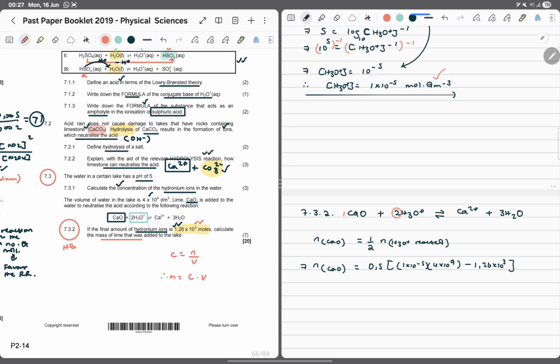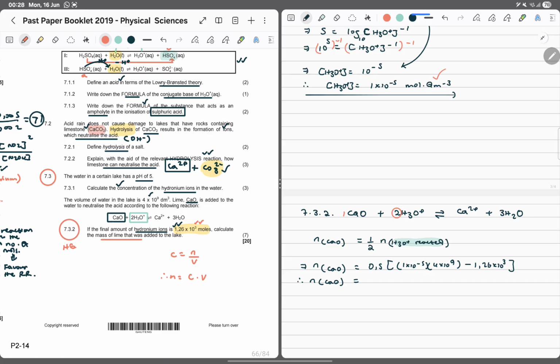Right, so that difference will give us the number of moles of the oxonium ions that reacted. And then we relate those that reacted to the number of moles of the calcium oxide that reacted. Take care that this is what reacted, hence we take the difference. Right, so therefore the number of moles of calcium oxide is 0.5 times 1 times 10 to the exponent minus 5, times 4 times 10 to the exponent 9.